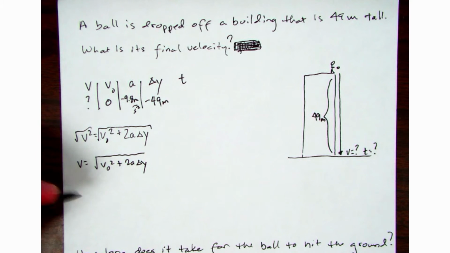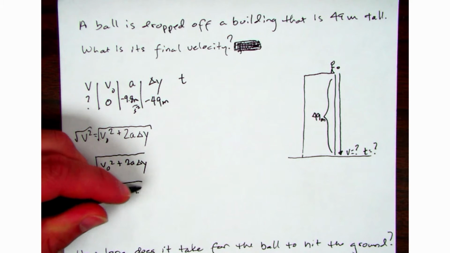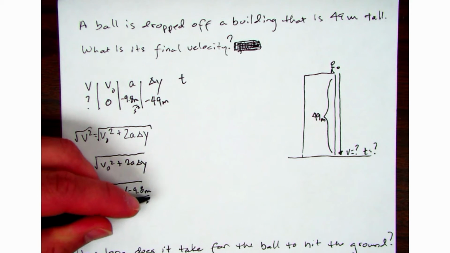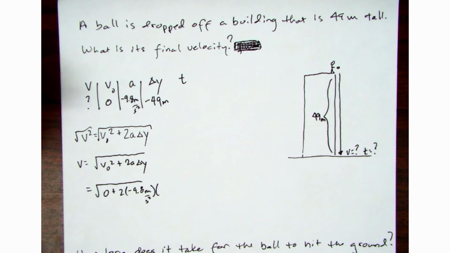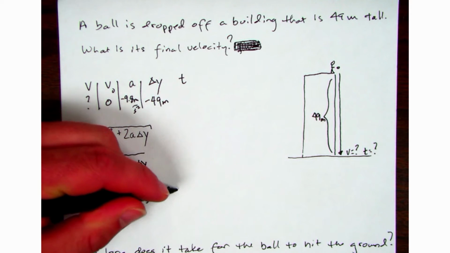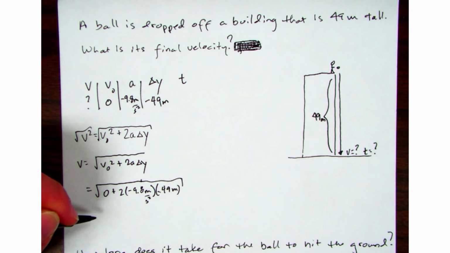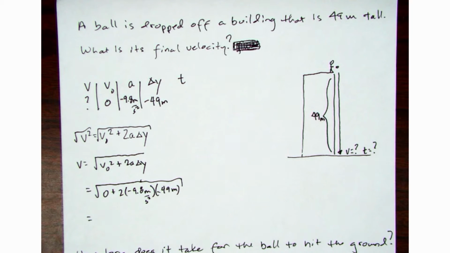So plug your numbers in, and you get the square root of 0 plus 2 times negative 9.8 times negative 49. And let's get the calculator out for that one.